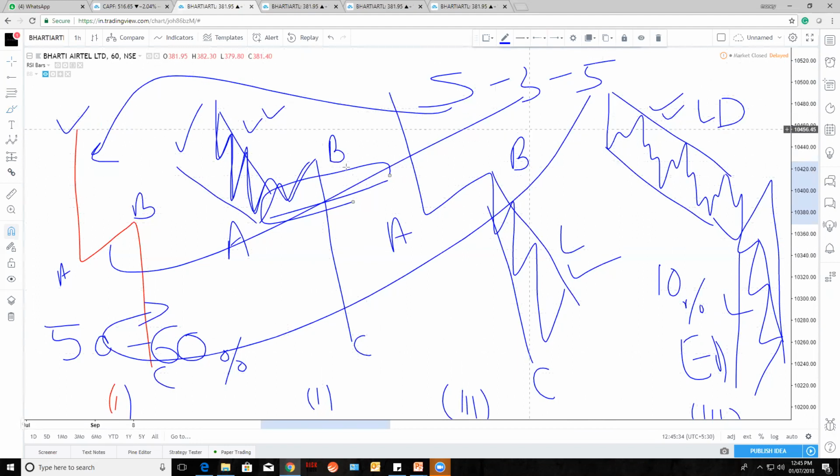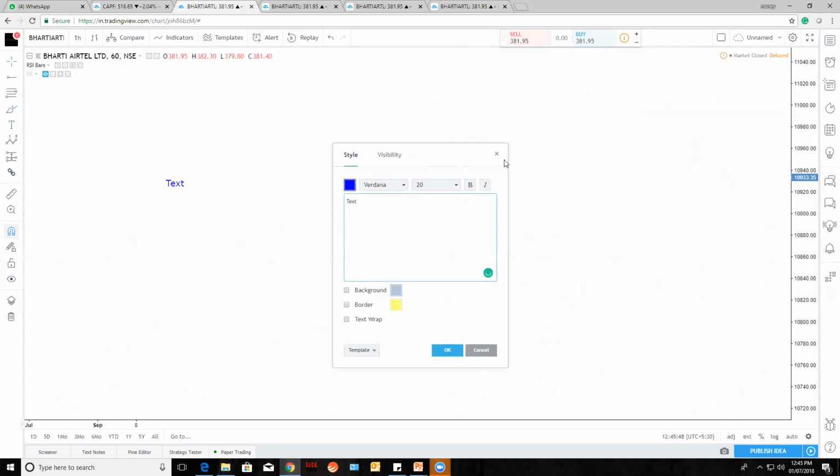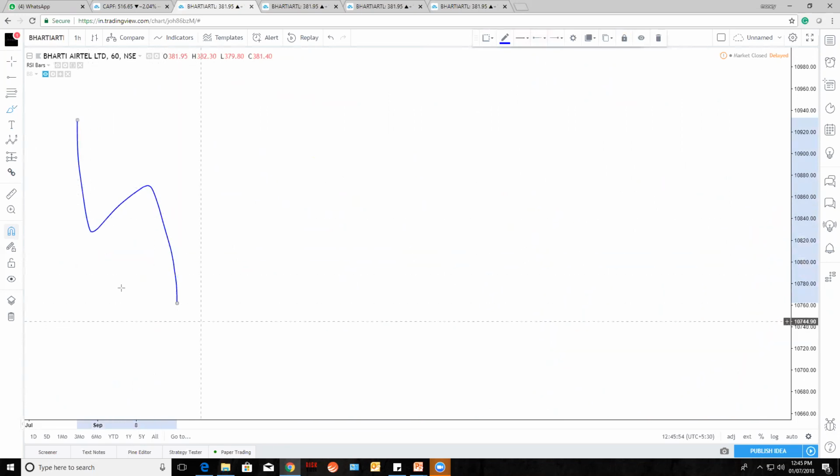What is the rule for it? Wave A, go once again. Don't be confused. It's like simple one wave, that is the first wave. It has the same rules. That is wave A, B, and C. Let's say this is a correction of zigzag.